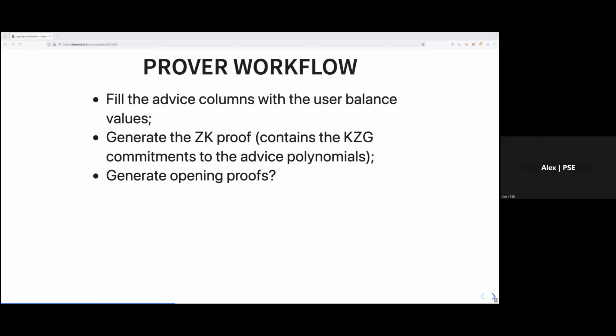The question now is, but how do we generate the opening proofs? If we are just filling the table with values, then we get the commitments, but we need to be able to generate the opening proofs from the same polynomials that were used to produce the commitments.